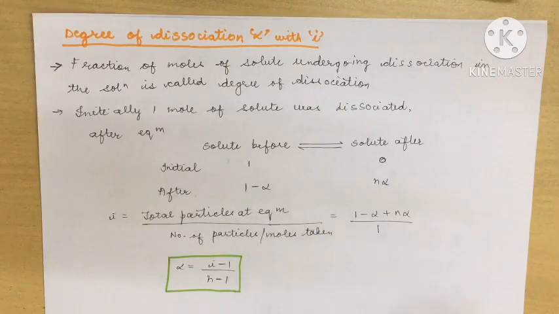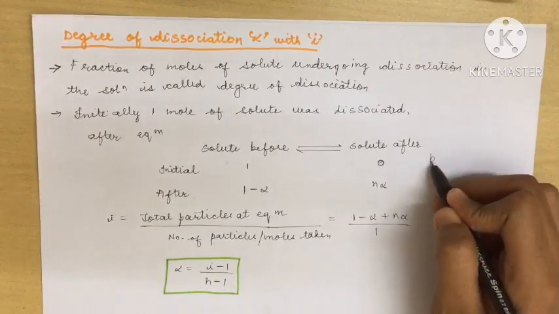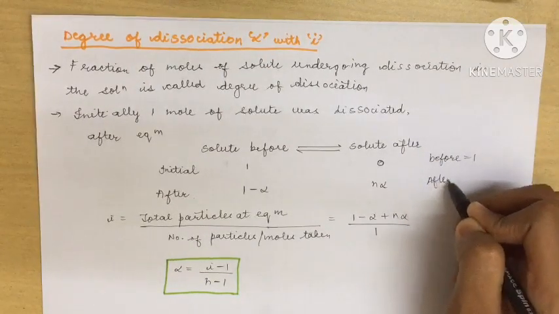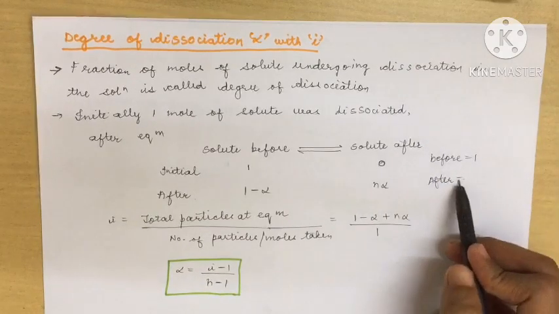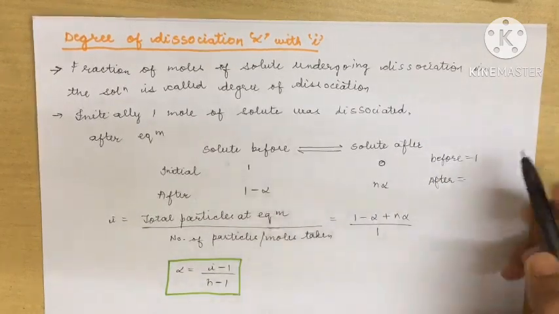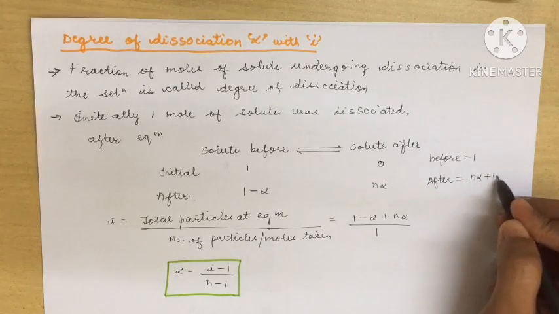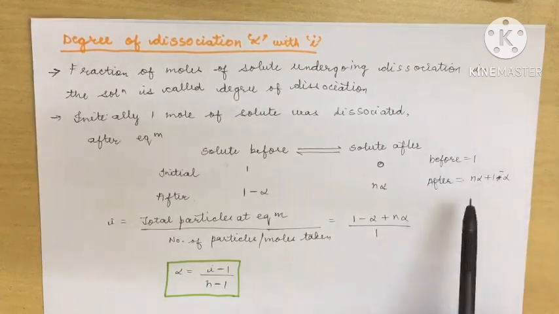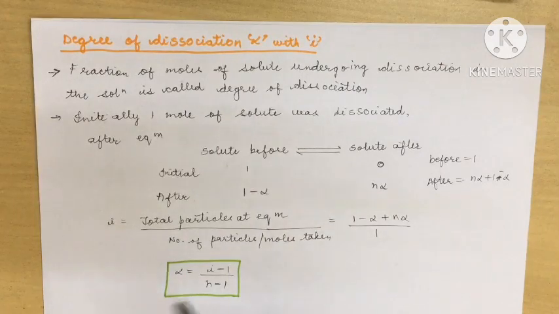This is your condition. Now you know one thing, what were the number of particles before? Before, the number of moles was 1, but what is the number of particles after? You have studied it in equilibrium, you just add these two, that is n alpha plus 1 minus alpha. Now you know the formula of i, that is the total particles at equilibrium upon the total moles taken earlier.